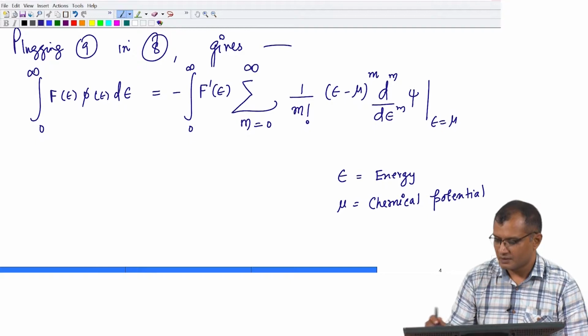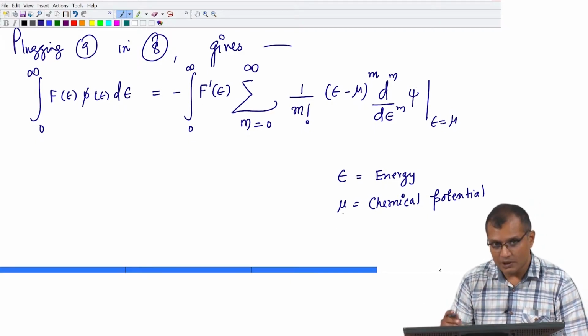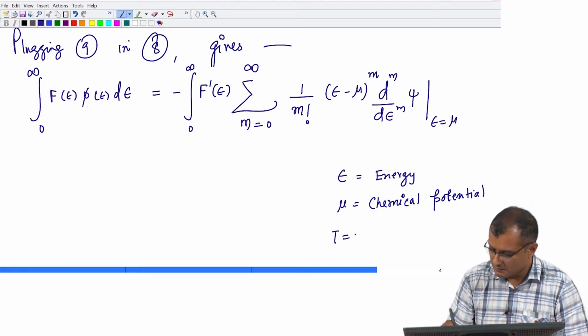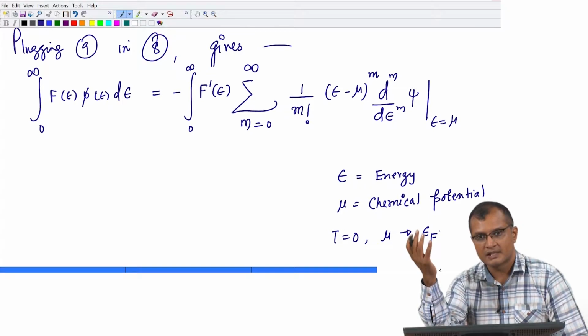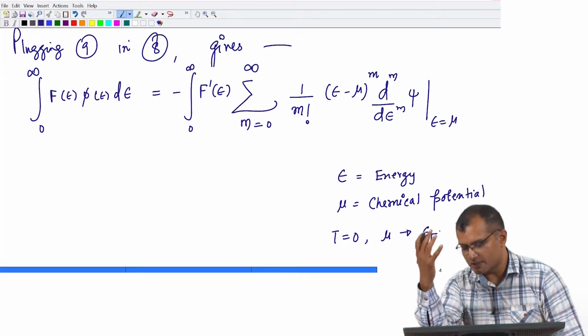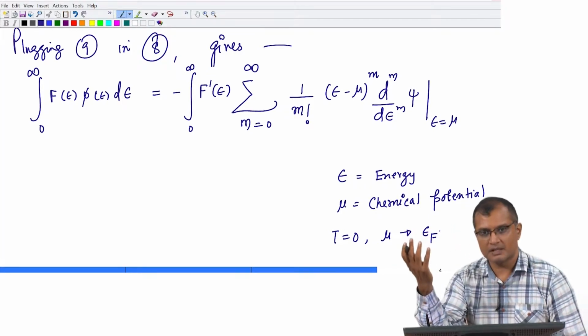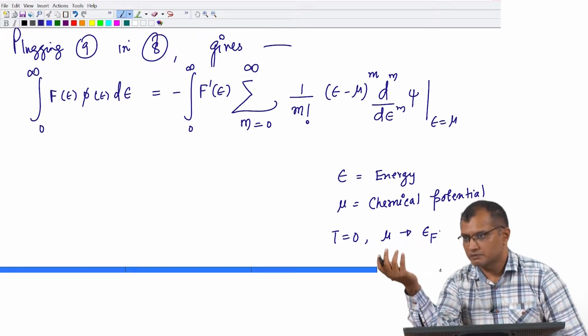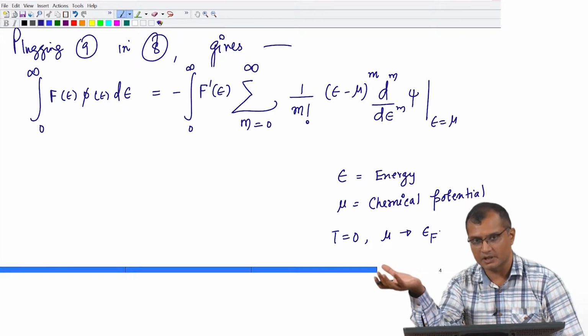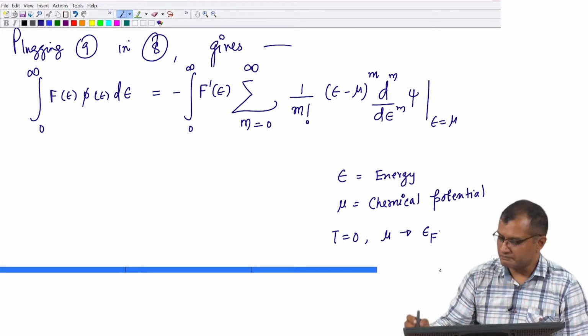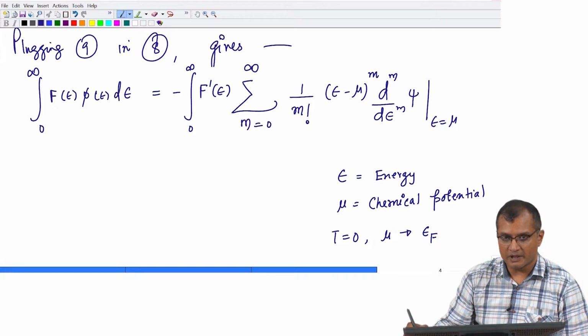So, at T equal to 0, the chemical potential becomes the Fermi surface energy or the value of the Fermi energy. So, the scale of the problem, which is mu, becomes the Fermi energy at T equal to 0. That is the only distinction. So, at any non-zero temperature the scale remains the chemical potential as reflected in our Fermi-Dirac statistics.